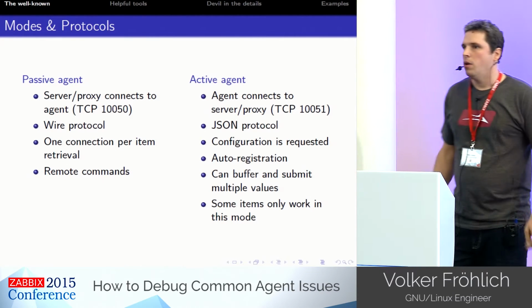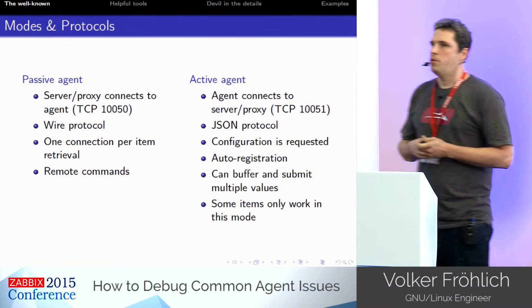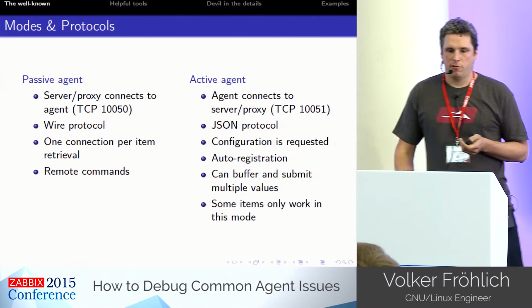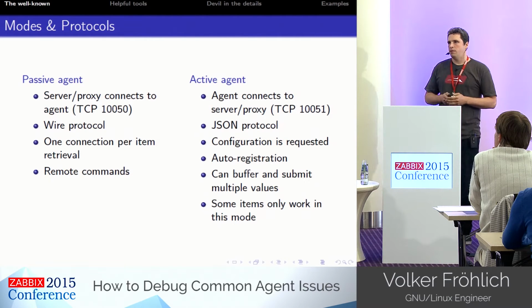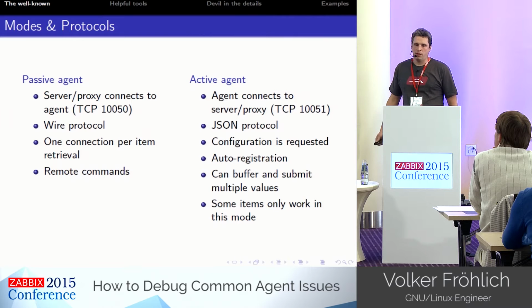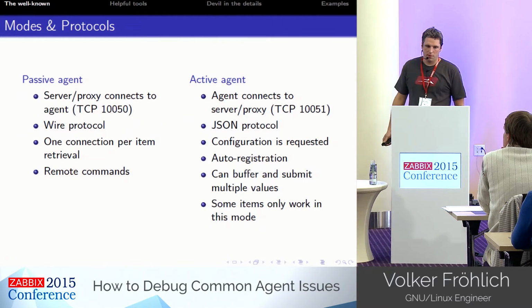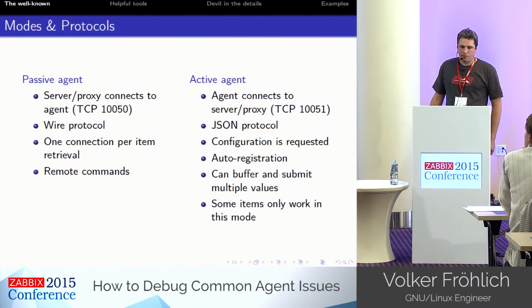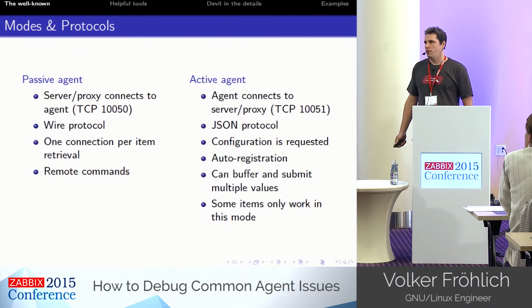So, we all know about the two modes of operation of the agent, the passive mode and the active mode. The passive mode being the server or proxy connecting via TCP connection to port 10,050 or reserved port. It's basically a wire protocol, and it's kind of inefficient because it creates one connection per item retrieval.